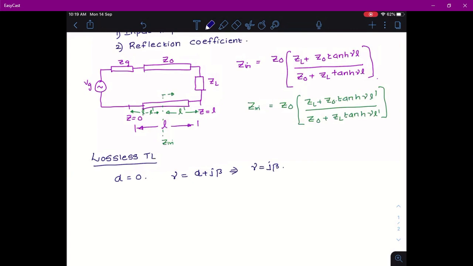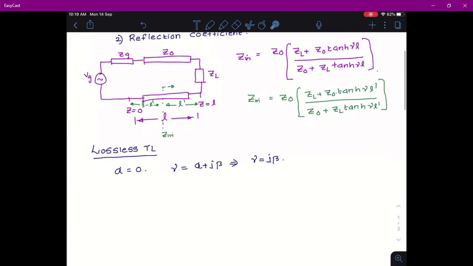And we can see that gamma is there in the expression, both in denominator and numerator. So we have tanh of gamma L is equal to tanh of j beta L, and tanh of j beta L is equal to j into tan of beta L. It's not tanh, it is tan.